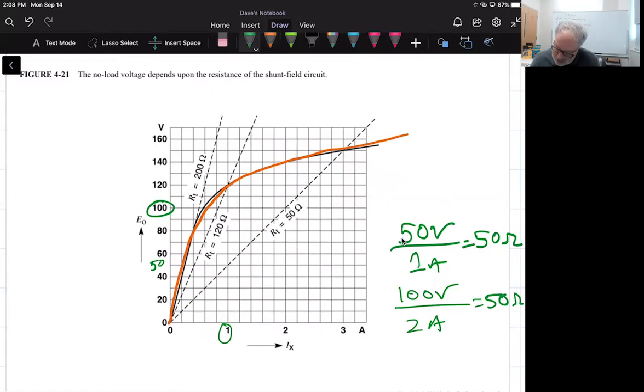Here is the minimum resistance, and we could see where these two curves intersect. We could do this totally mathematically as well. We see that the maximum voltage output for this generator would hit here for 150 volts. Okay, makes sense.